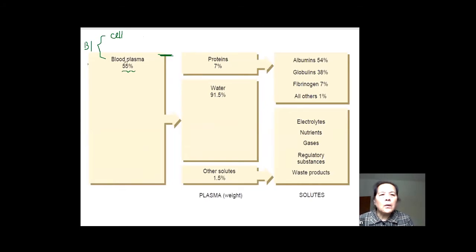We just calculate from the plasma part, doing these 55%. It is mainly water.